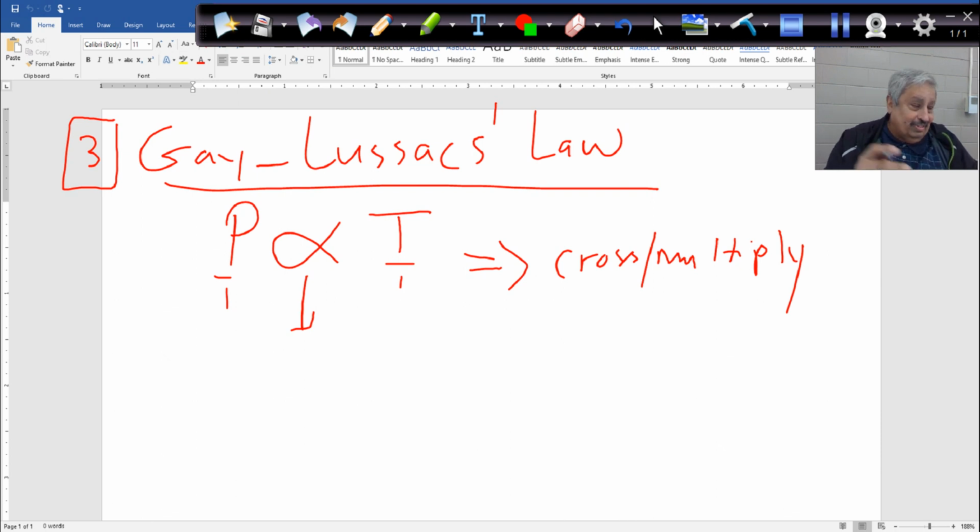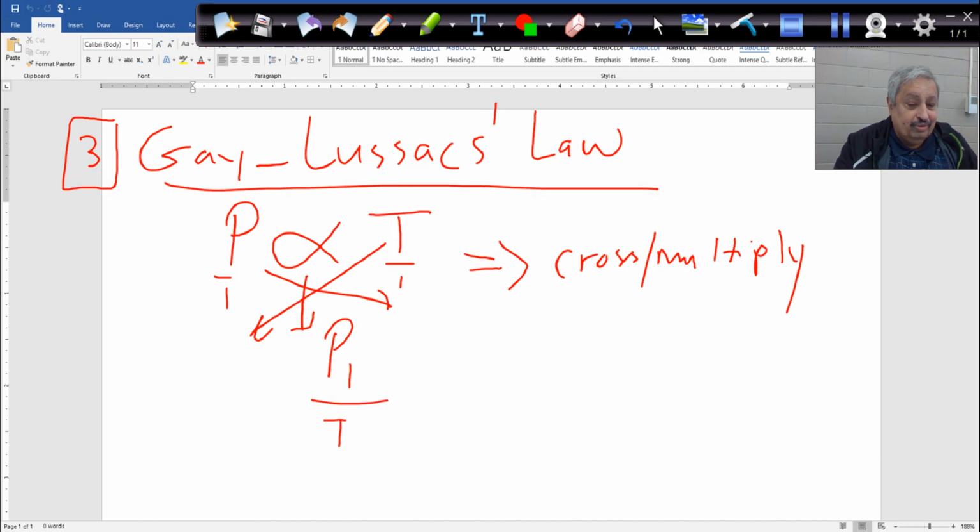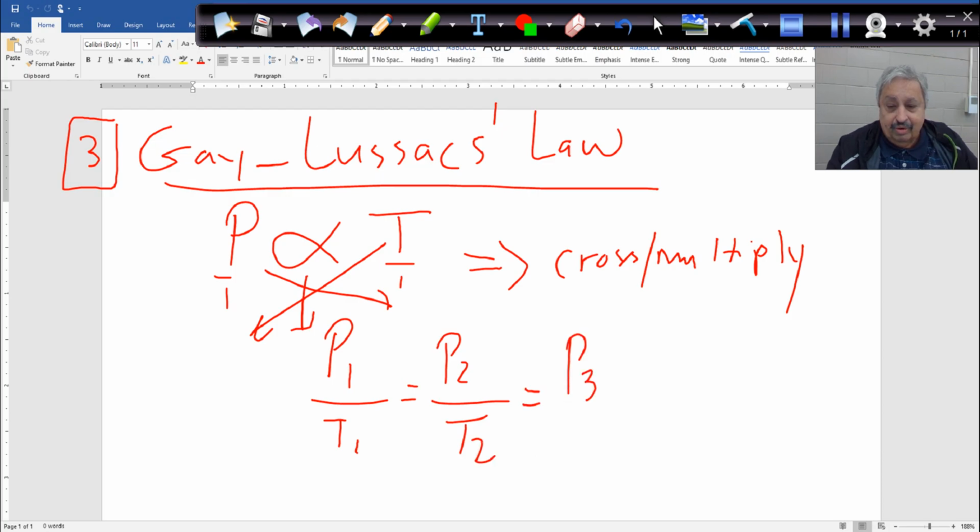I did not number those, but you can number them, okay? So that will be P1, cross multiply, that will go down, that will go here. Therefore, P1 over T1 equals P2 over T2 equals P3 over T3 equals constant.